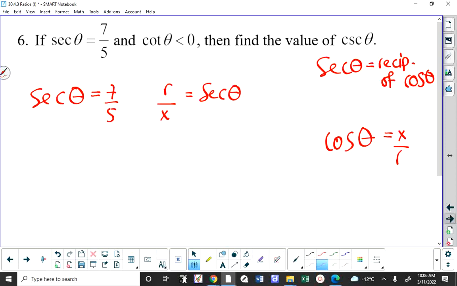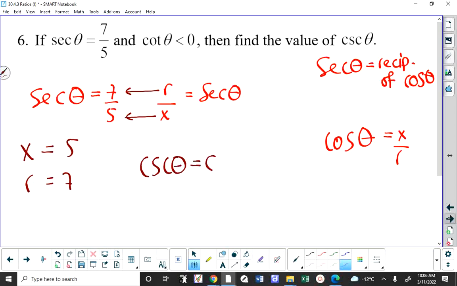So now what we're going to do is associate r with 7 and x with 5. So we know x equals 5, r equals 7, and we're asked to find cosecant of theta.